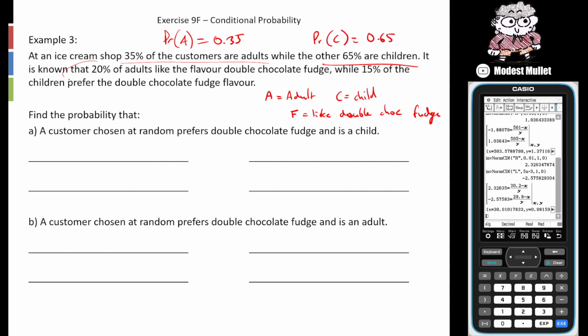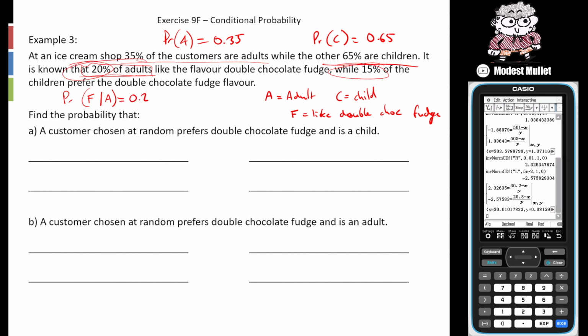And then we get to this bit here. How can we write that? It is known 20% of the adults like the flavour. So we're restricting our group to adults. The probability that they like the fudge, given they are an adult, is equal to 0.2.